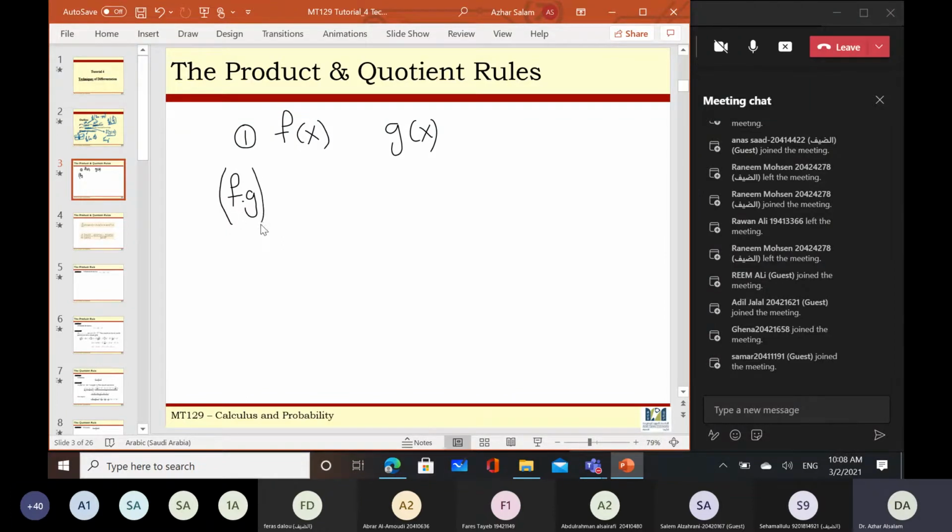To find the derivative, okay, I will denote it like this. There is a rule, you try to memorize it. There is a rule for multiplication that you must memorize, because you are not required to prove it, so the only way is to memorize this rule.